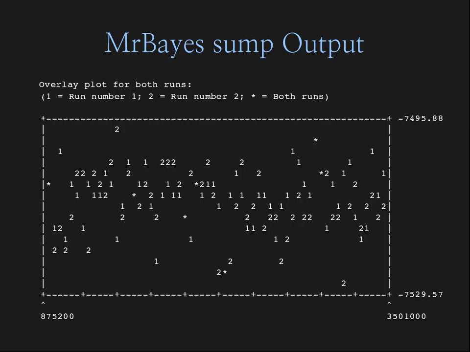This gives you another kind of output, and what you want to see here is each one of these numbers is one of the runs. So this is run 1 and run 2 down here, and these are the log likelihoods that they found for those runs, sampled at a whole bunch of generations here. What you want to see in this little graph output is that it's essentially flat, that there's not a trend up anymore.